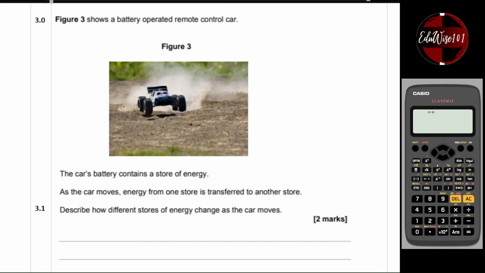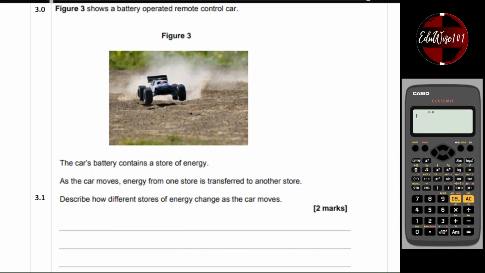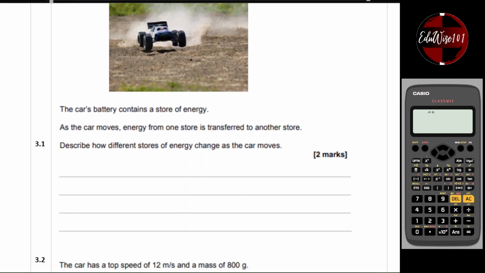Question 3. Figure 3 shows a battery operated remote control car. The car's battery contains a store of energy. As the car moves, energy from one store is transferred to another store. Describe how different stores of energy change as the car moves. Now, most of the answers that I've seen are you describing the energy stores.